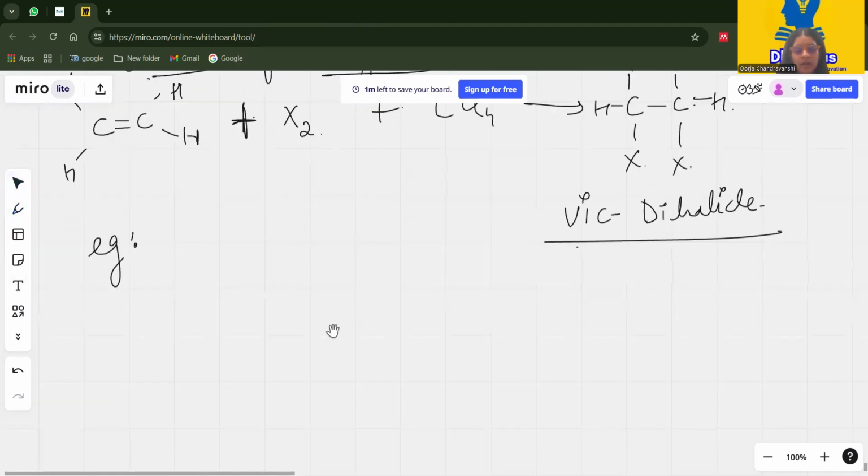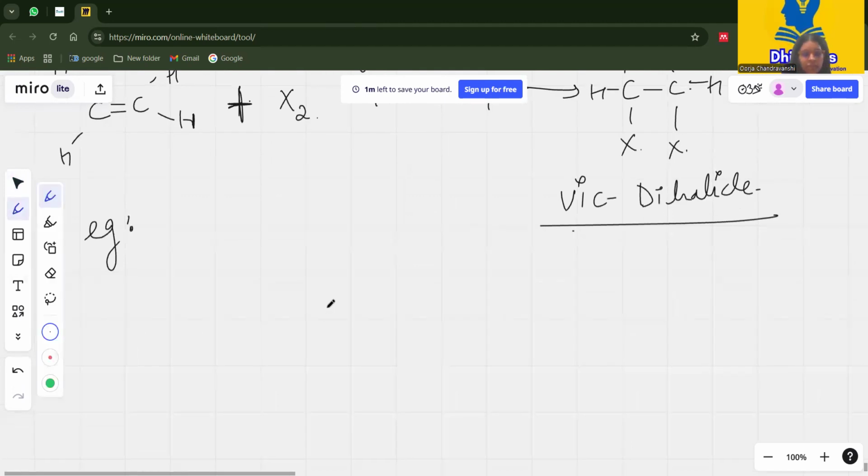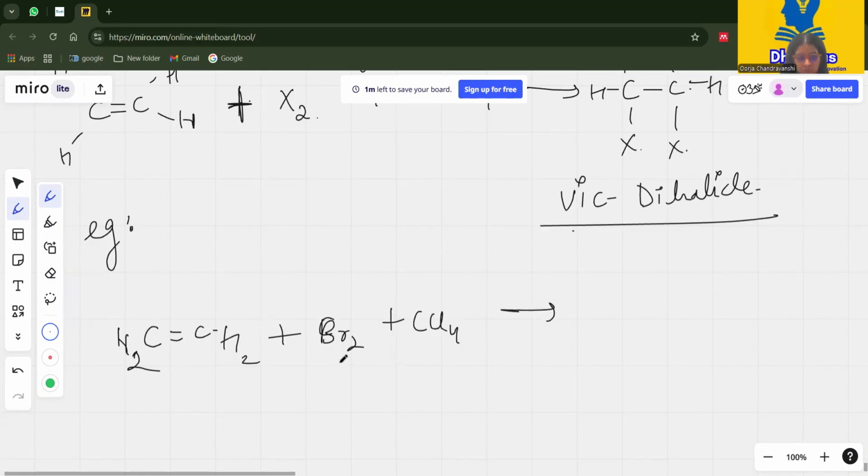Now, you must know that if you add ethene with bromine in CCl4, bromine is actually reddish in color. It's reddish brown.